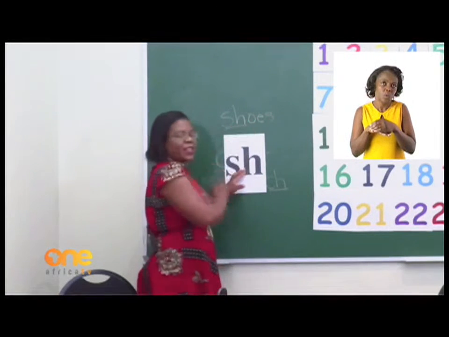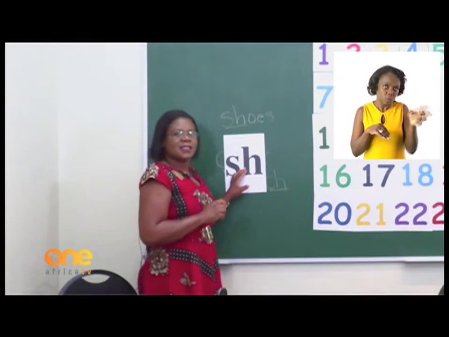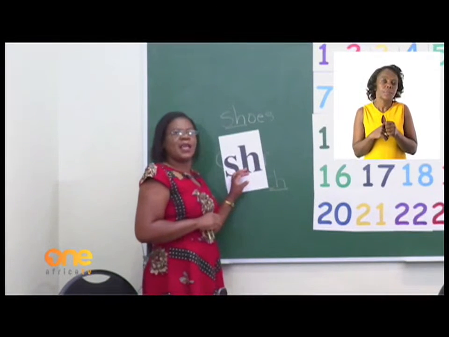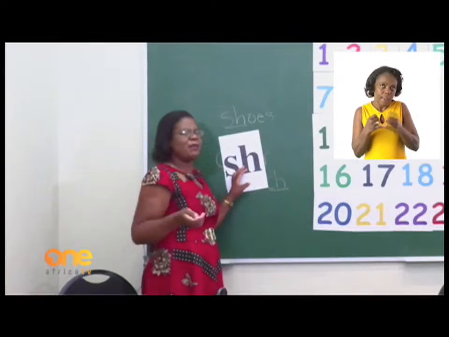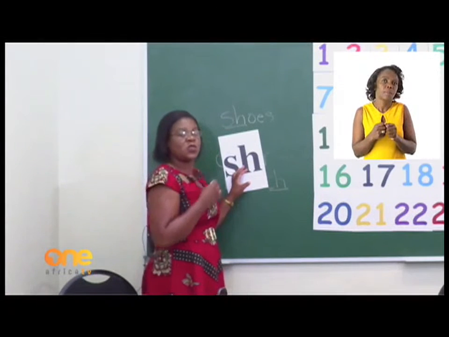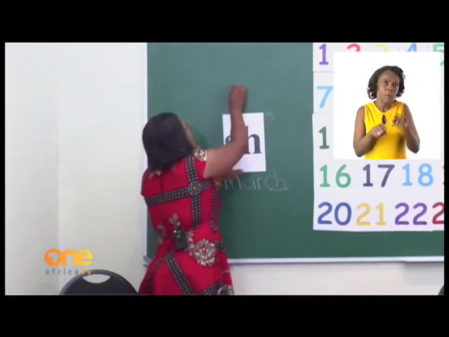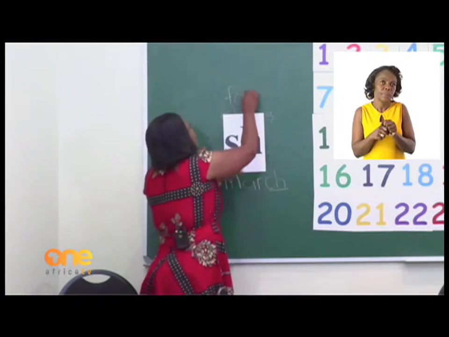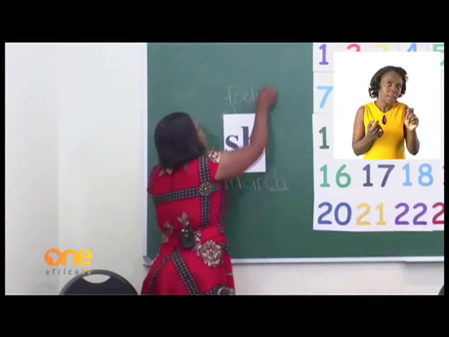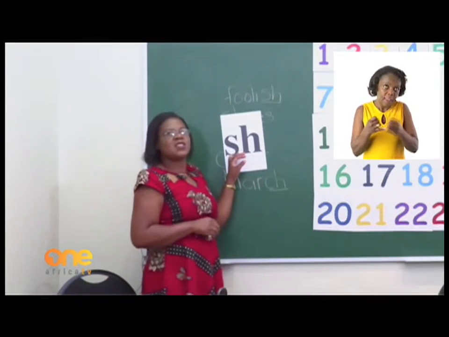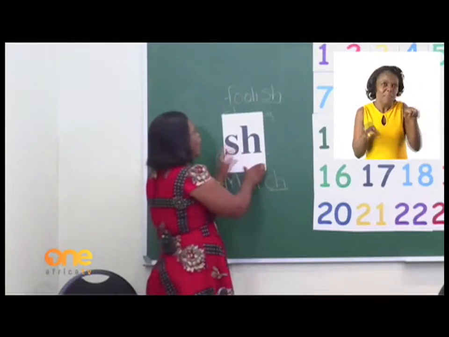The shoes that you put on, it's a s and a h, it's a sh. It can also come at the end of a word, or in the middle, and is still a sh. Maybe I'm saying foolish. It's at the end of the word. It's still a sh.